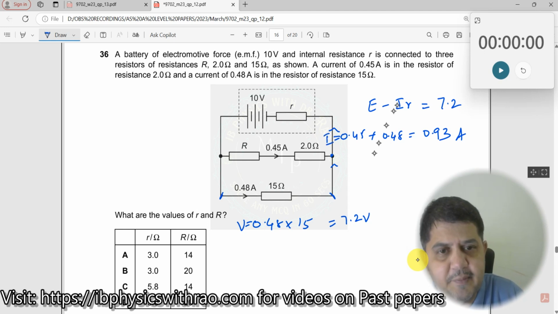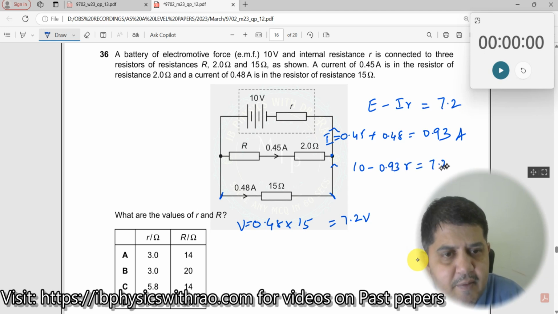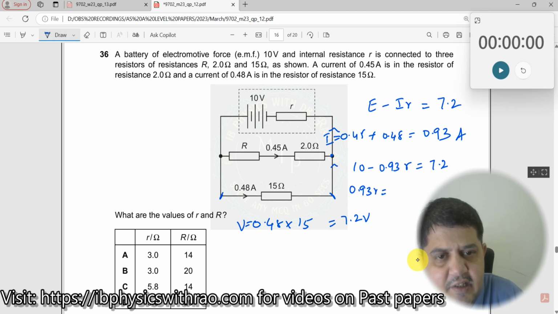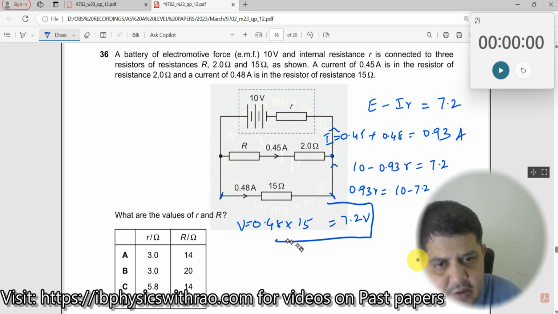So I'll substitute it over here and I get the value of r. I get E is equal to 10 minus 0.93 times r is equal to 7.2, or 0.93 times r is equal to 10 minus 7.2.